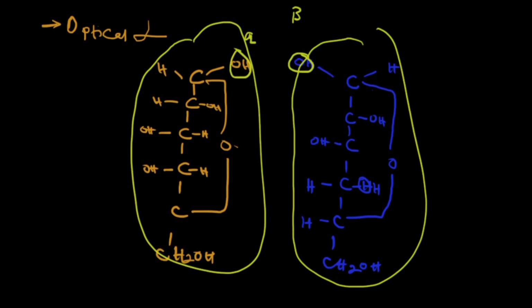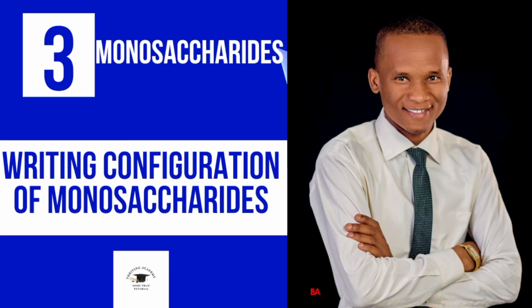Both monosaccharides have different optical activity, and this is what we are going to use in writing the Haworth projection of monosaccharides. In the next video, I'm going to show you how to write these structures into the 3D Haworth projection.